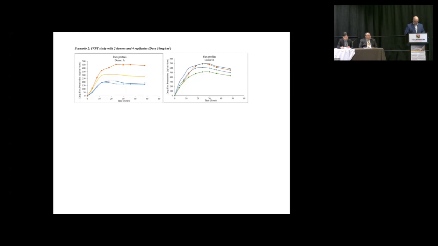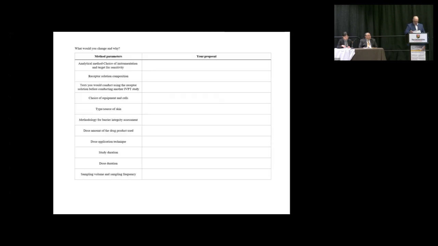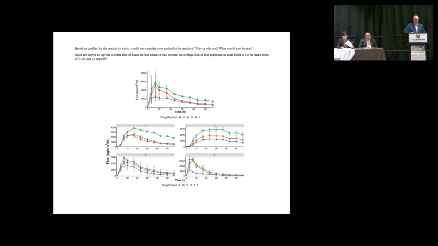As we move forward, I will go to this one. There was a big discussion about this, because to find the sensitivity properties, the focus was to use a threefold dose, whether higher or lower.